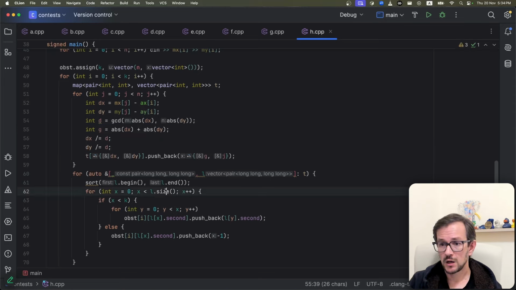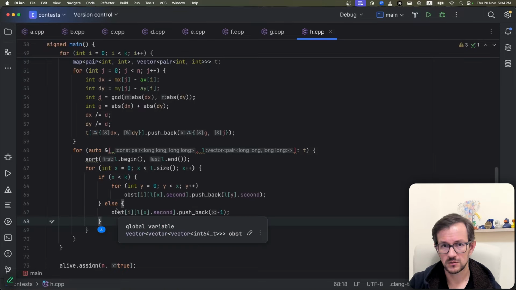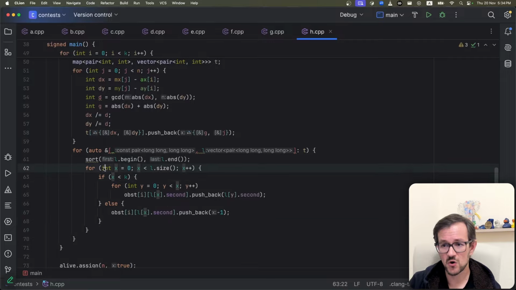Here I take every direction, take all the monsters in this direction, and sort them by distance. Now I take these monsters one by one. Another cheat I used here: if I have more than k monsters before, I definitely cannot kill this monster, because I have only k guns. I cannot kill all the monsters before. So if I have more than k monsters before it, I just put -1.